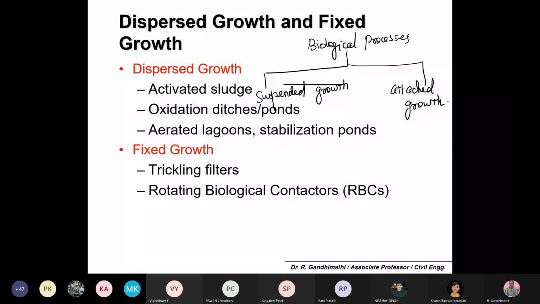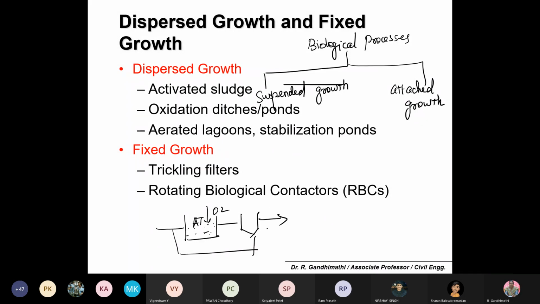In the suspended growth system, the microorganisms responsible for the oxidation of organic matter are suspended in the liquid. For example, in the treatment plant layout, we have the aeration tank. The aeration tank is full of liquid. You are supplying the oxygen, and this is the SST. This process is called the activated sludge process, ASP.